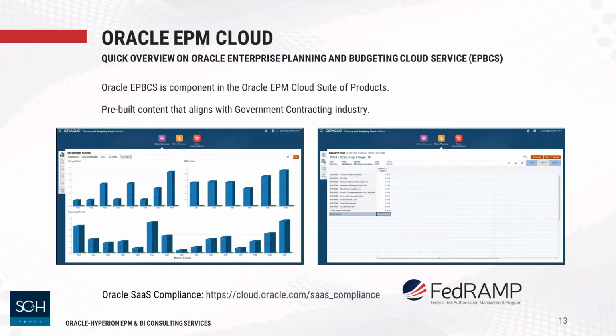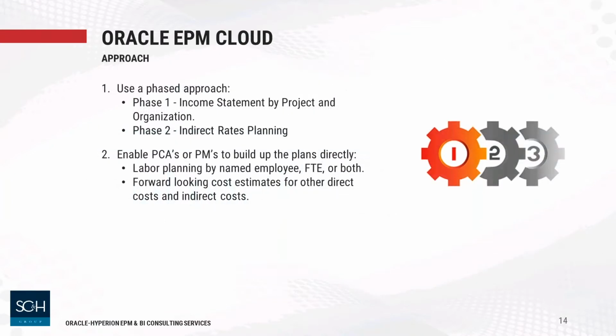So let's get into some of the methodologies and considerations as you're looking at implementing an enterprise planning and budgeting process using Oracle EPM. The first point I would like to make is something that we've always talked about with all of our clients and prospects: the notion of a walk before you run approach.